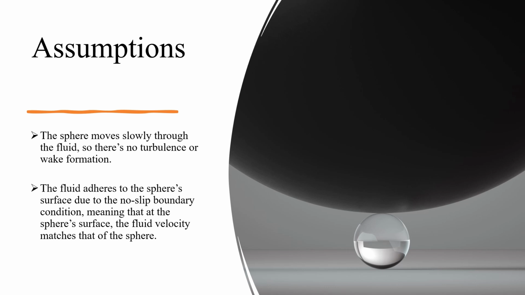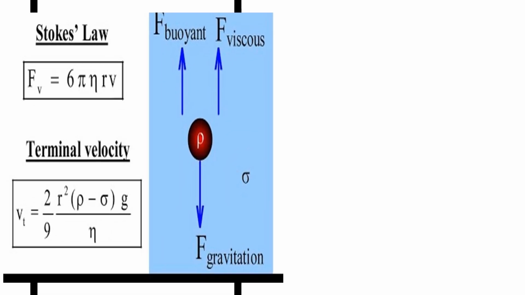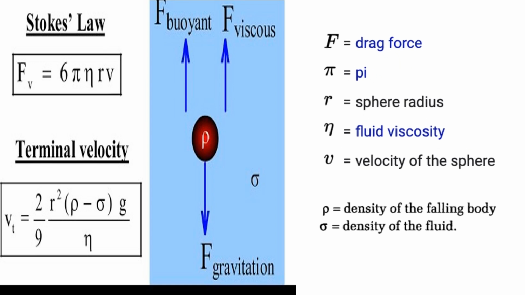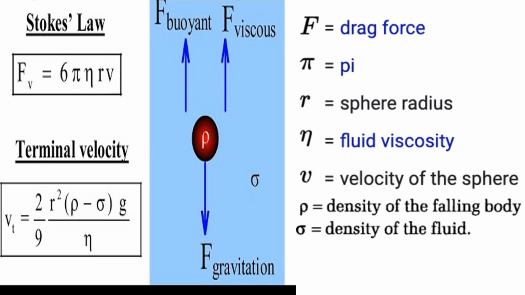By making these assumptions, Stokes was able to simplify the Navier-Stokes equation significantly. The result is a linear relationship between the drag force on the sphere and its velocity relative to the fluid.